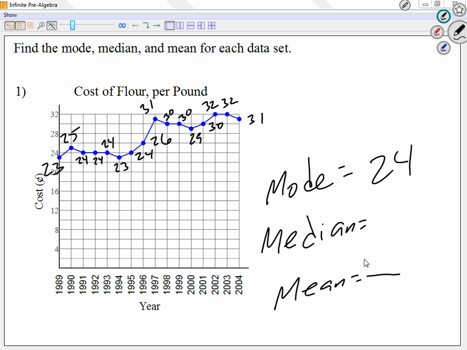So for the mean, I add everything and then divide it by how many we got. We have, let's see, 1, 2, 3, 4, 5, 6, 7, 8, 9, 10, 11, 12, 13, 14, 15, 16 numbers. So I'm going to go 438 divided by 16, and I get 27.38.